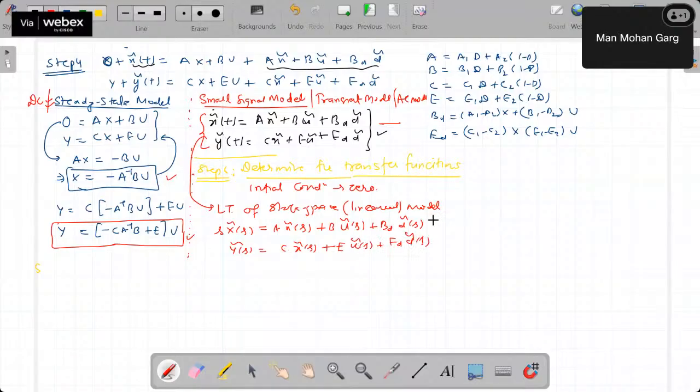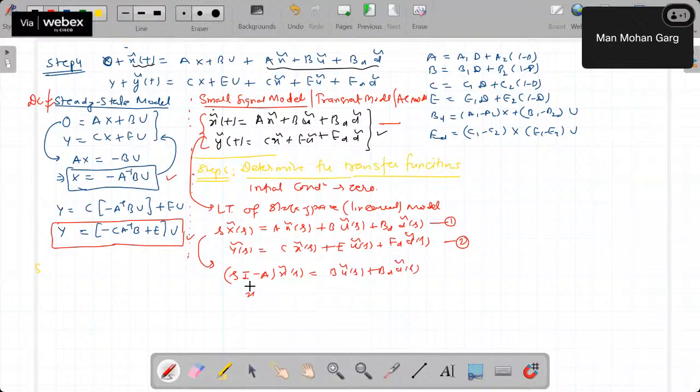So these two equations we are getting from the Laplace transform. Let's simplify it. First one, if I take this to be here, then this is sI minus A, X of s equals B U of s plus BD D of s.